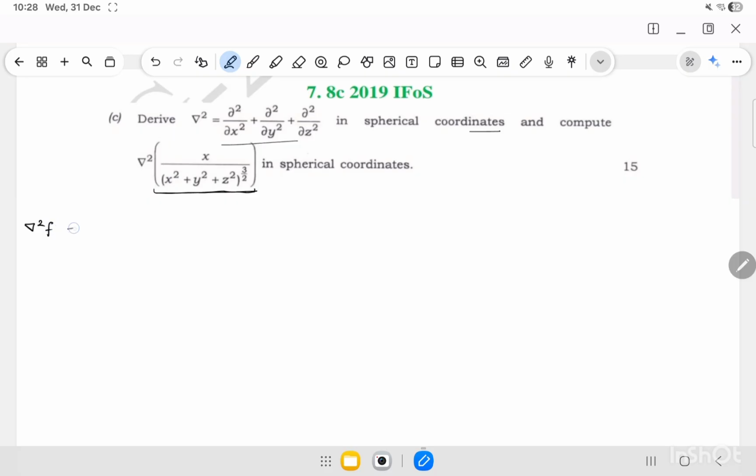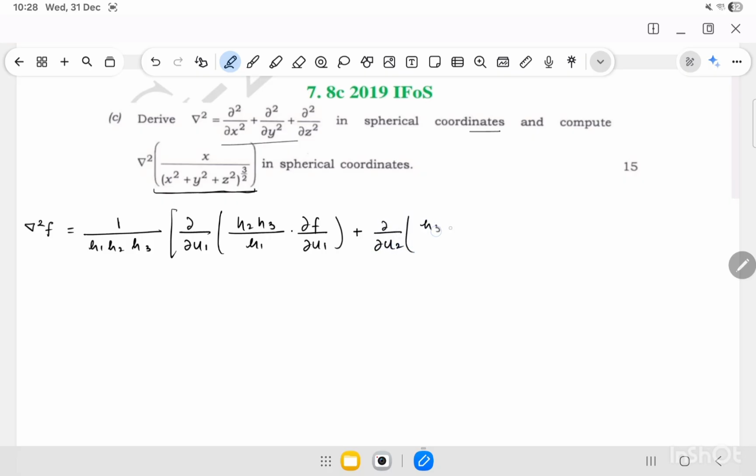Del square f is equal to 1 by h1 h2 h3 times del by del u1 of h2 h3 divided by h1 times del f by del u1, plus del by del u2 of h3 h1 by h2 times del f by del u2, plus del by del u3 of h2 h1 by h3 times del f by del u3.